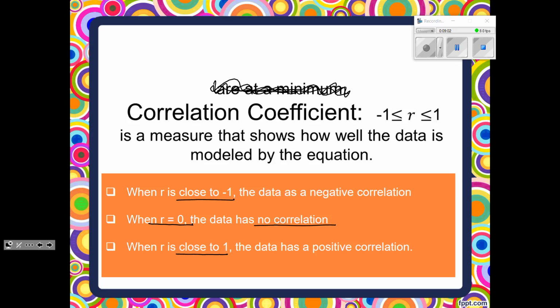But if it's close to 0, it's not a good line. Does that make sense? Okay. Generally, people don't even consider good lines until they're at least 0.75, 0.8. Something 0.8 and above, anything below that is not good at all. Okay. Any questions about the correlation coefficient?